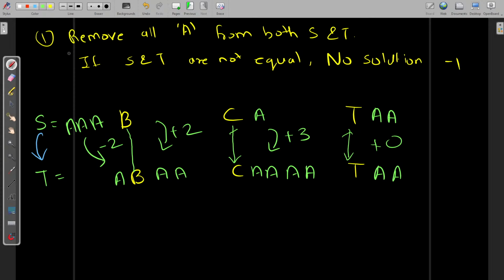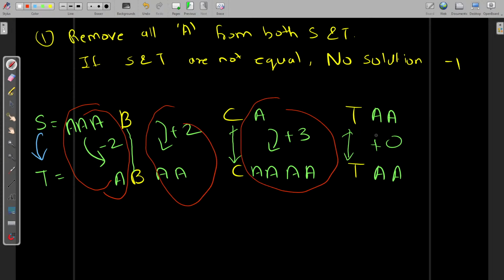If we get both the strings equal, then we can easily make this correspondence, right? For B to B, there is one correspondence, C to C, then T to T, and the middle part would get divided into some groups of A like this. In the first string and in the second string as well, there will be some groups between two characters.